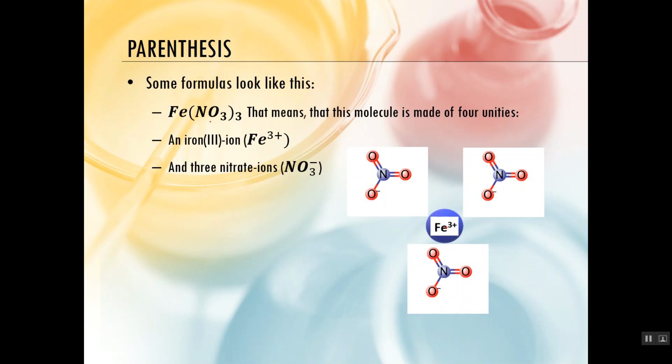Each and every nitrate ion has the formula of NO3, as you see, N, 1 O, 2 O, and 3 O, and that happens 3 times. So the singular formula for each of the 3 is NO3, and the whole molecule has 3 of them: 1, 2, and 3. So the way of writing it, chemically, is to write Fe(NO3)3.